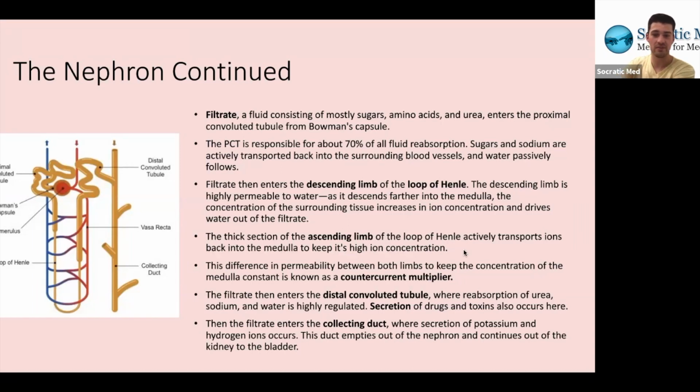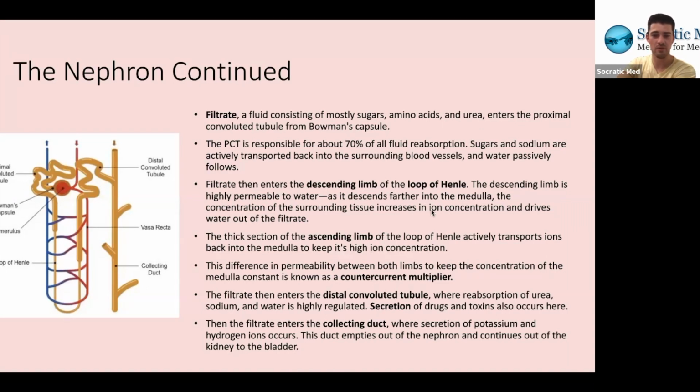So like I was saying, the countercurrent multiplier is a concept that's going to pop up pretty often. So in terms of the nephron, we're talking about countercurrent multiplier in that the ascending limb is highly... the red is the capillary and the blue is the vein.